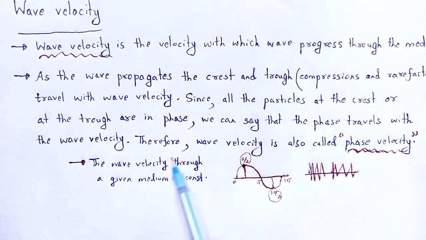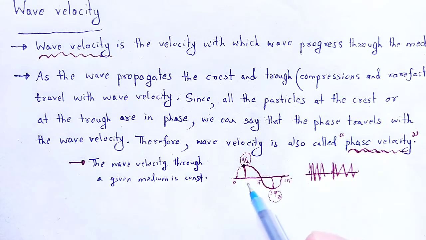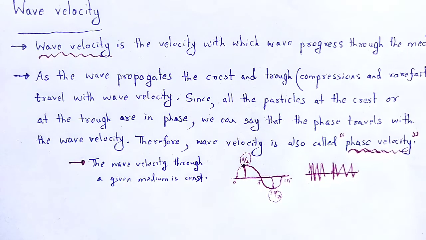Constant means the wave velocity in air is the same throughout the air. If we consider water, again the wave velocity is the same throughout the water medium. For a given medium, the wave velocity is constant.